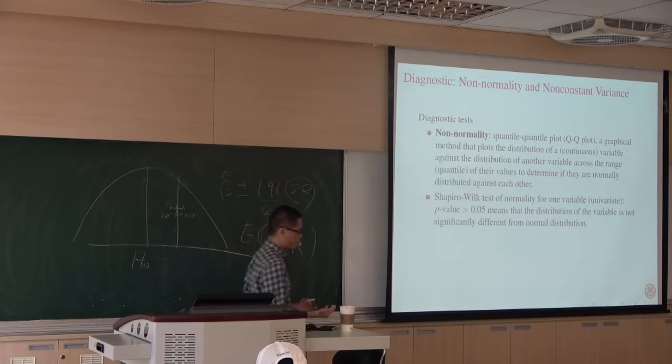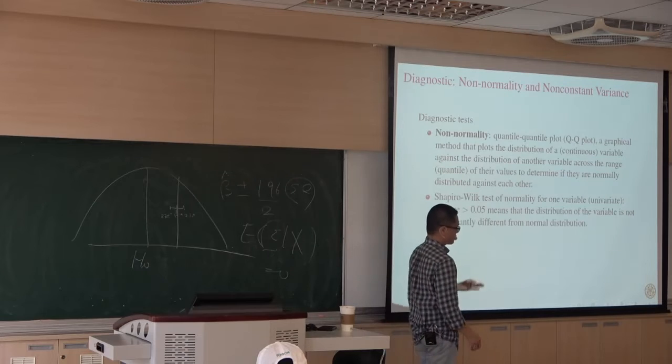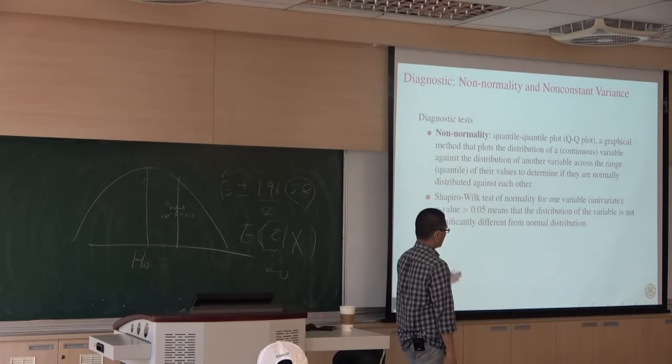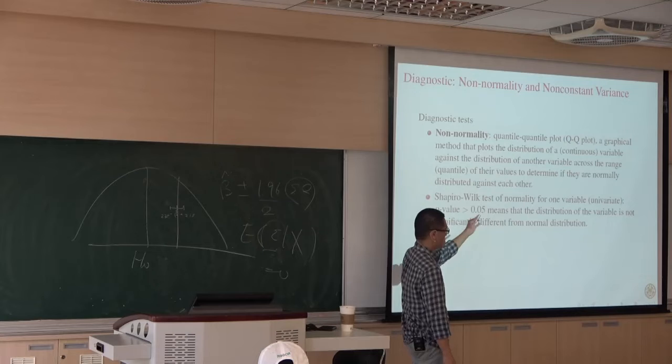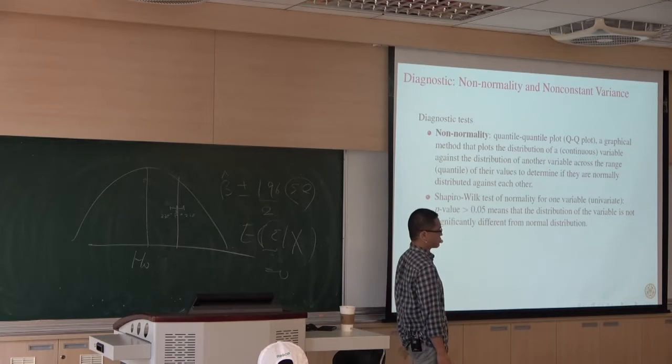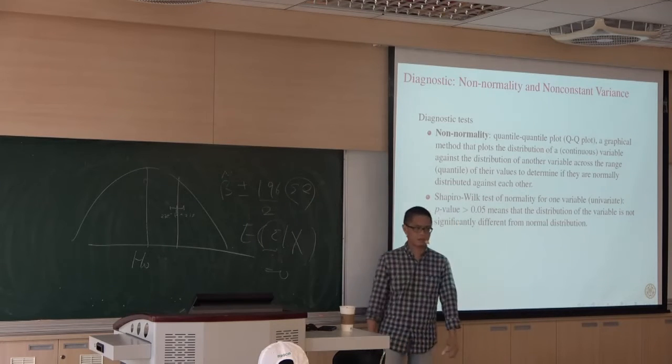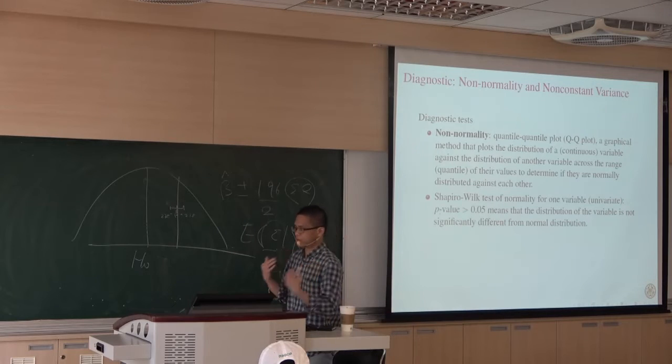So my question for you is, if you want to prove that the variable x1 has a normal distribution, what would you expect to see?